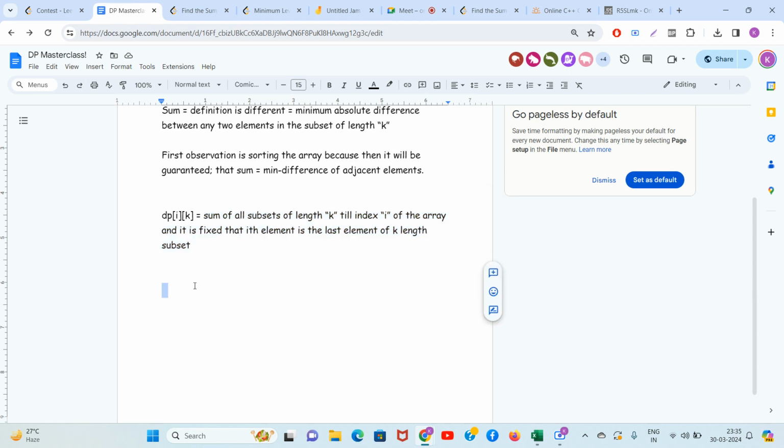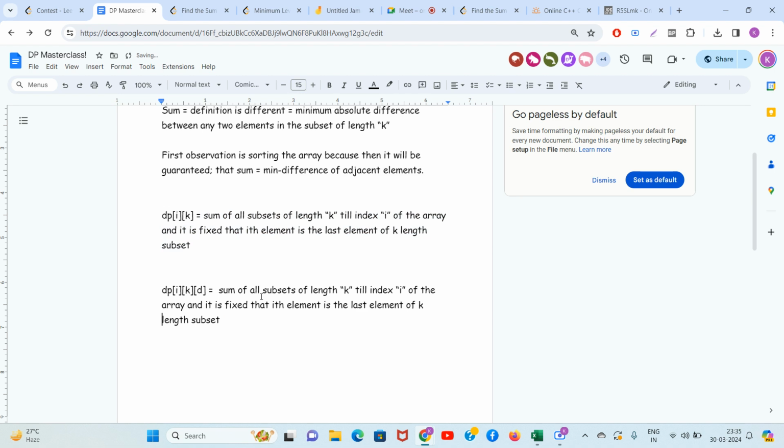Now guys, what will be the new state? Now it's easy peasy. DP i k d. Guys, write its definition in the chat. It's very, very easy. Sum of all subsets of length k till index i of the array, and it is fixed that the ith element is the last element of the k length subset.